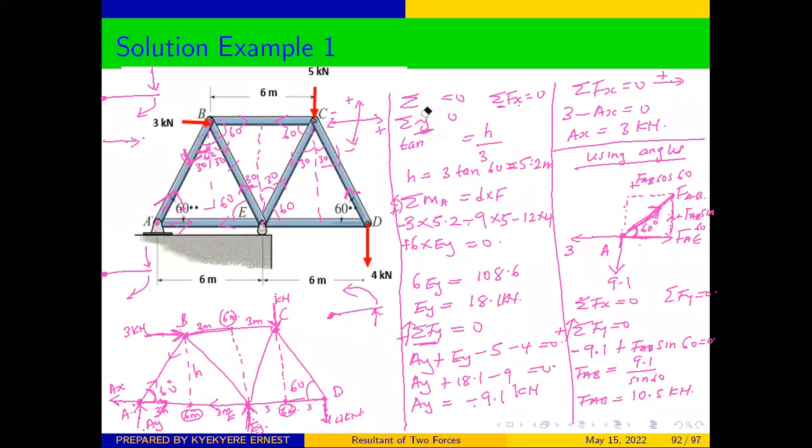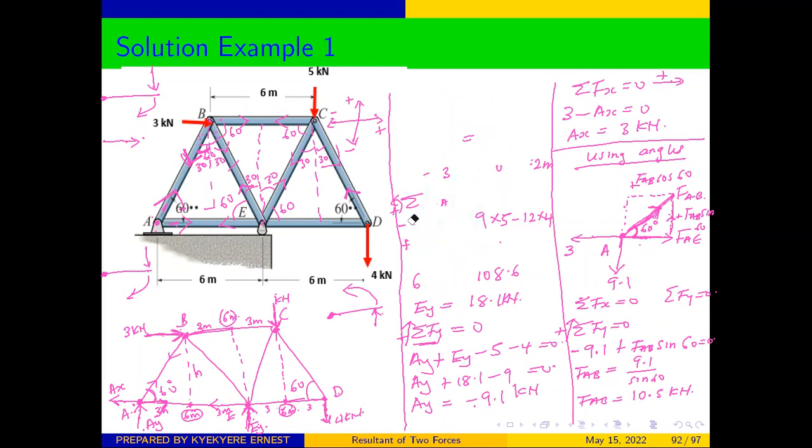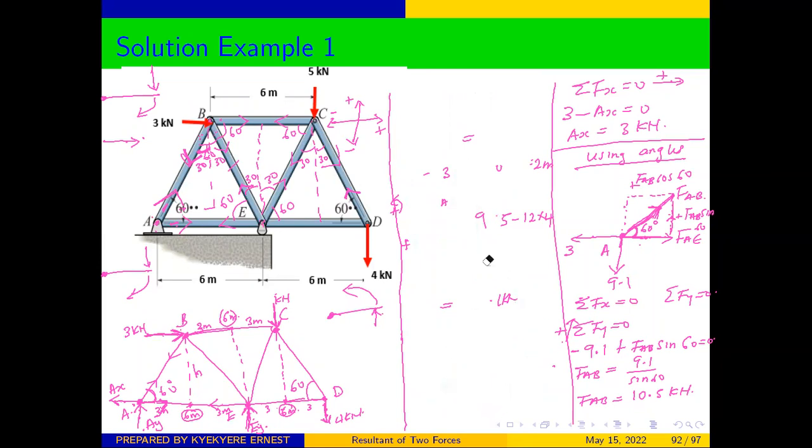Allow me to erase this side so that we can continue with our analysis.